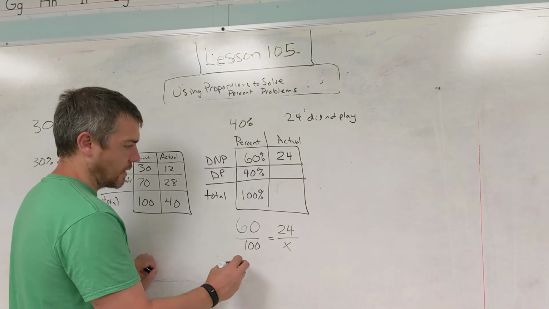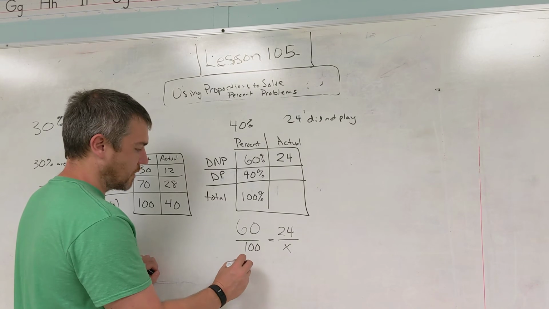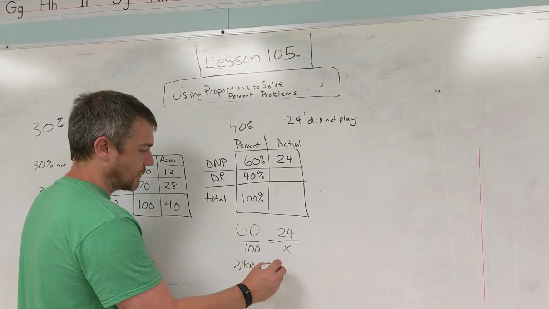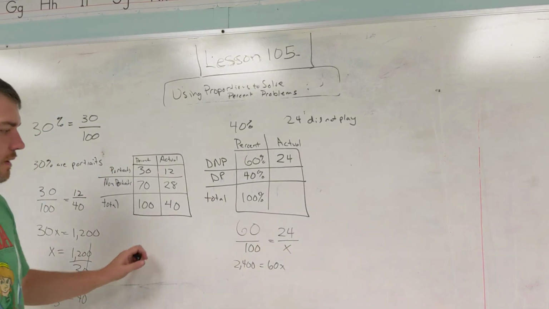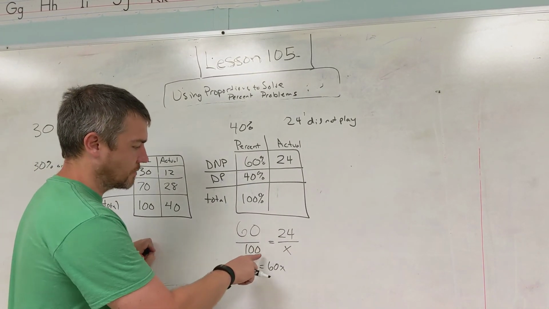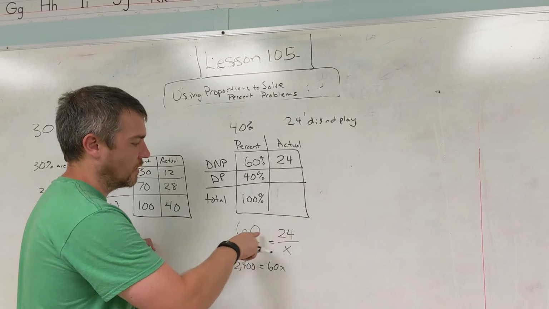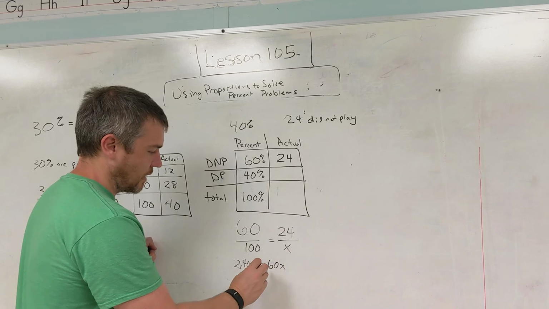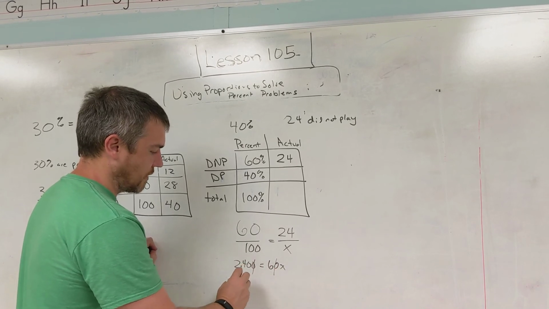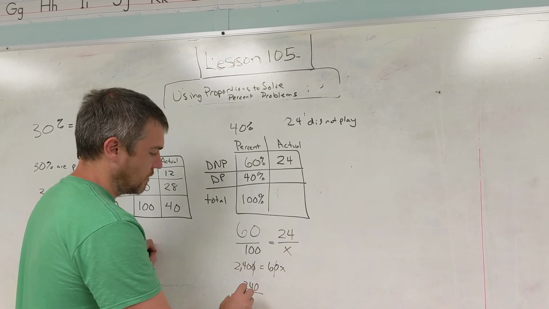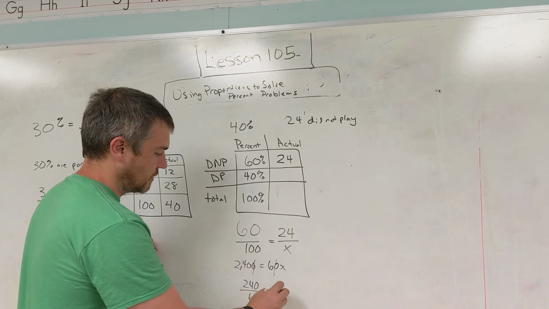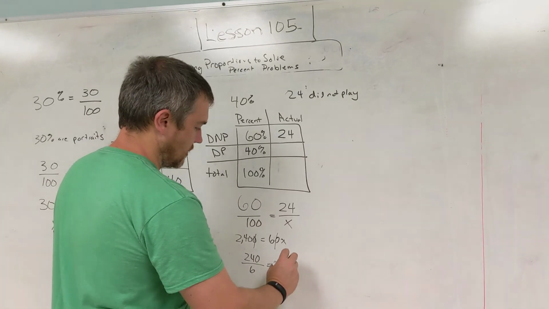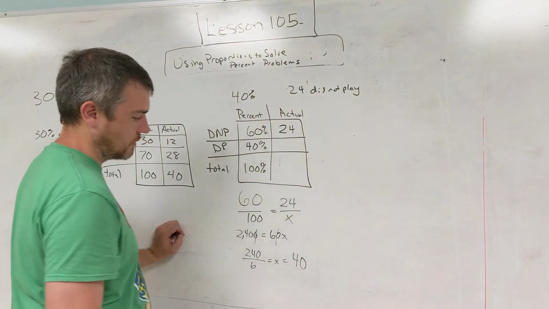So now I can say that 2,400 is equal to 60 times x, because you cross multiply. I did 100 times 24 and 60 times x. Now I can take off a 0 here, and I've got 240 over 6 is equal to x. 240 divided by 6, once again, is going to give us 40.